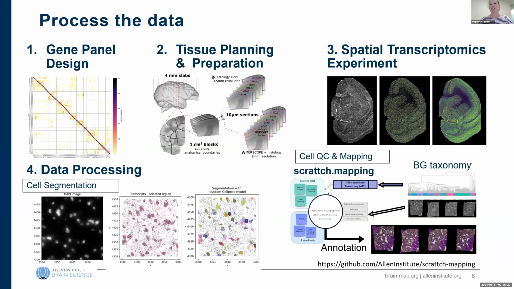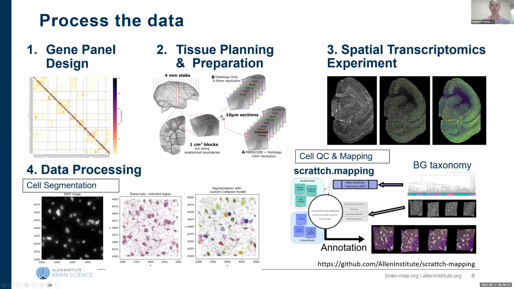When we get that data back, it goes through several processing stages. The first being cell segmentation. We need to take images such as a DAPI image or other cell identifying stains to assign the transcripts that are measured in the spatial transcriptomics experiment to their cell of origin.